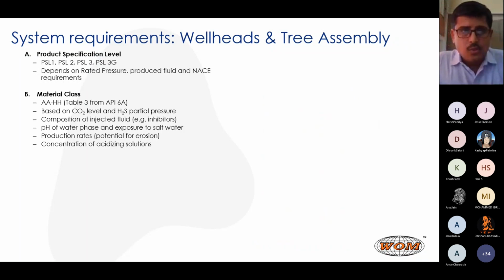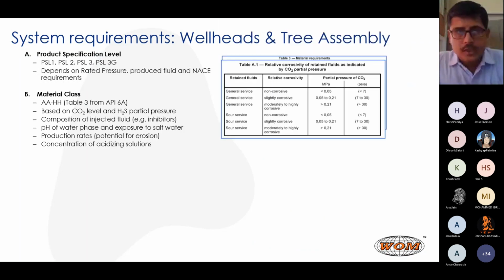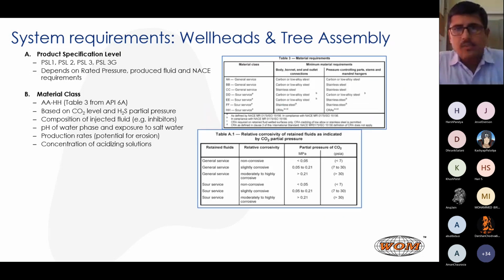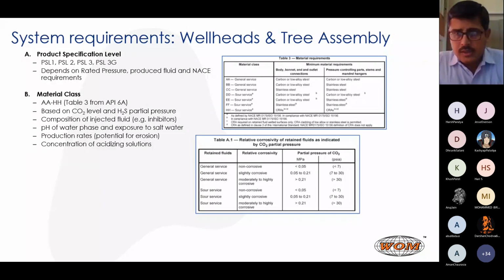Material class. Once we define the material class, there are again guidelines, whether it is general service or sour service. Sour service means your produced fluid has hydrogen sulfide in it, and CO2, carbon dioxide. These parameters will affect the life of the component we are designing.